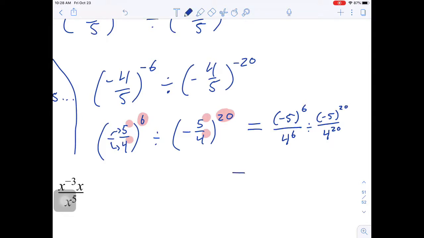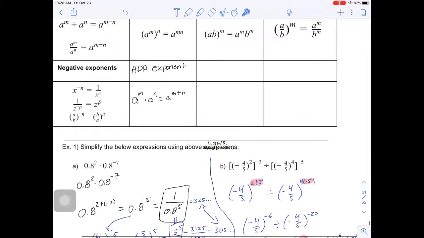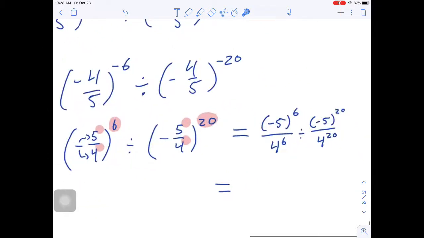Now, what should be my next step here? So recognize I am dividing, okay? If I'm dividing fractions, if you divide two numbers, you can subtract their exponents.